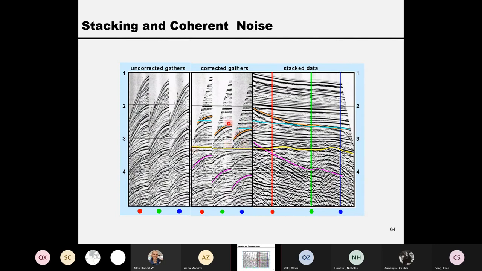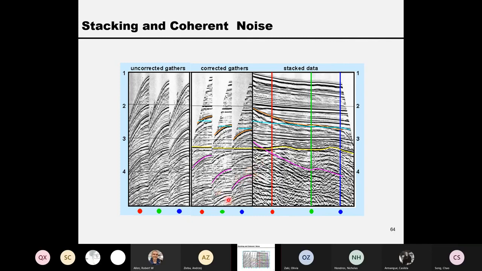However, the multiples are not flattened, right? So after stack, the stacking will cancel part of the multiples, but the near offset traces, I mean next to 0, right? Near offset traces have not much time difference. So after stack, you still have residual.